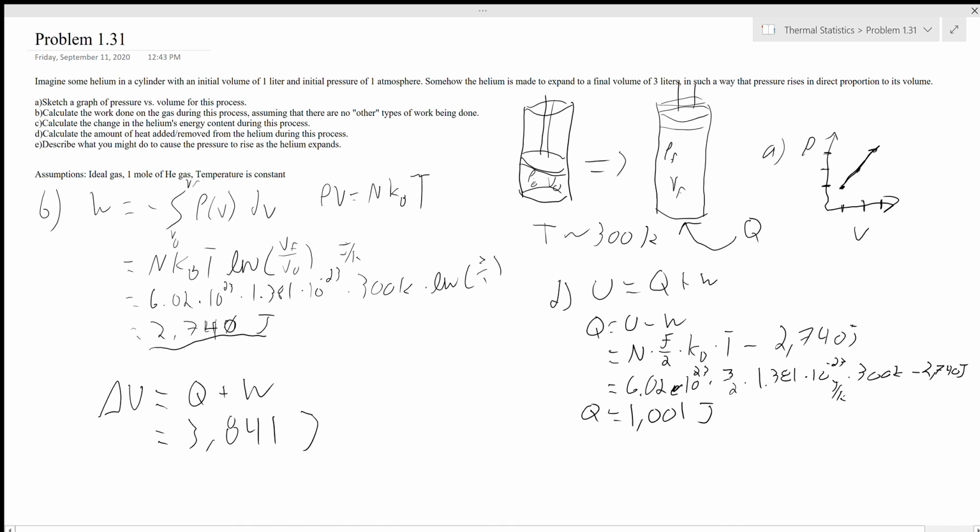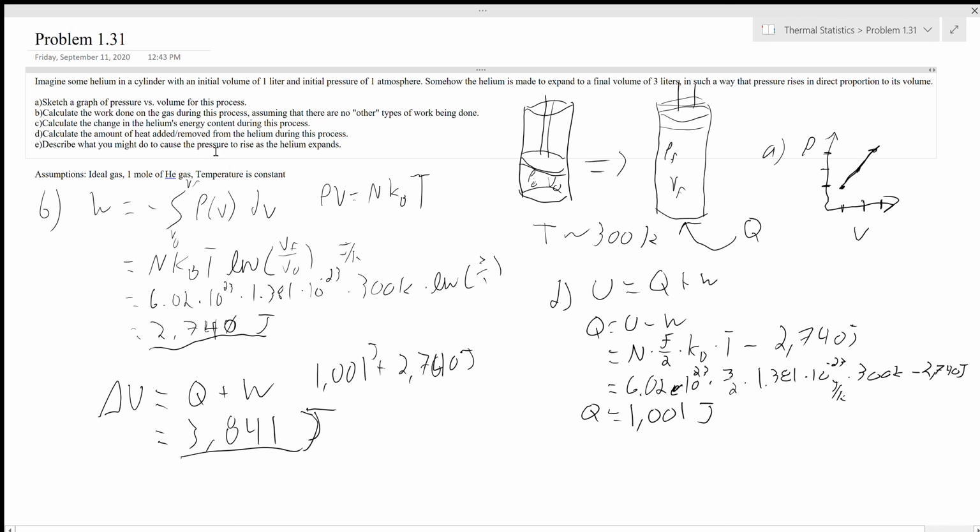Because all I'm doing here is just saying 1,000 plus 1,001 joules plus 2,740 joules. And so that gives me this for the change of that. And then for just what I might do to cause the pressure to act like this, it is just adding heat, which is what we have done to this system.